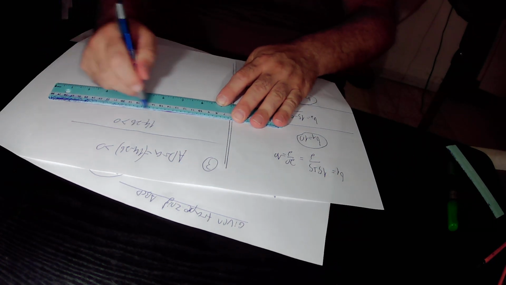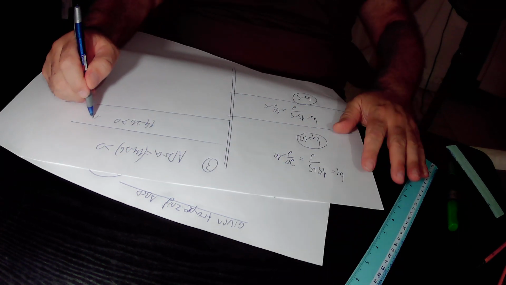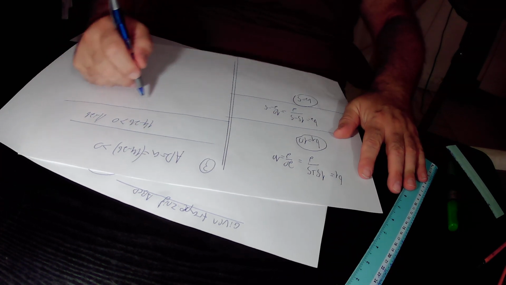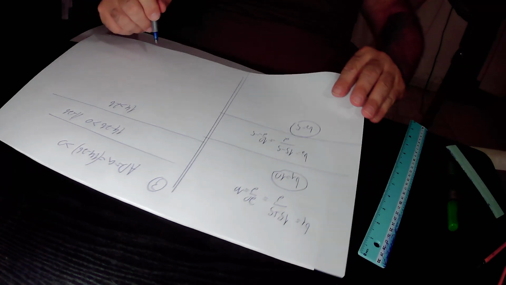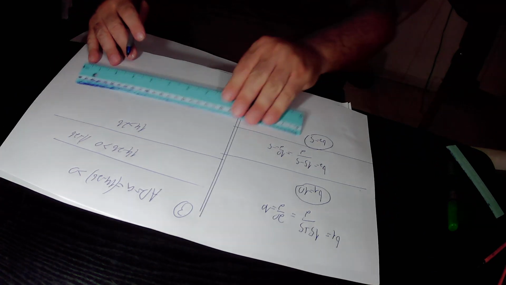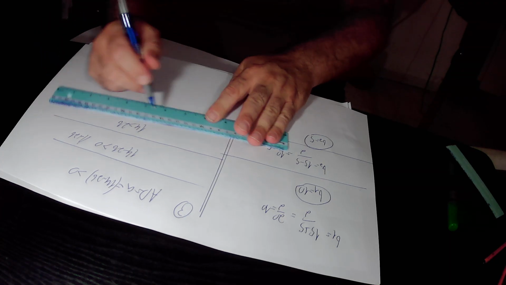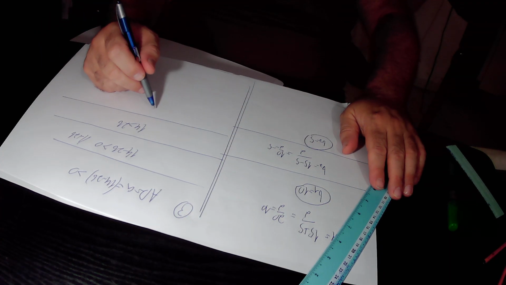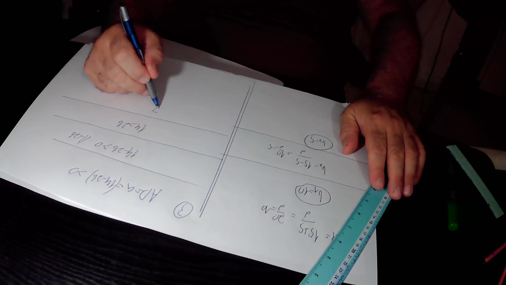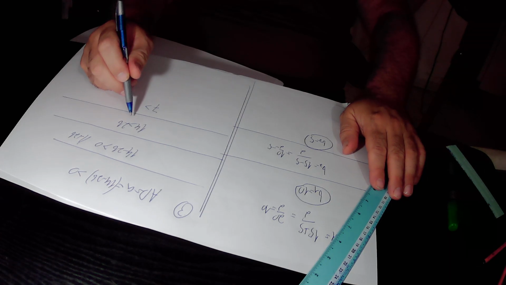Here we add 2b to this inequality, and we get that 14 is greater than 2b. Here we divide this inequality by 2, and we get that 14 over 2 is 7, which is greater than 2b over 2, that is b.